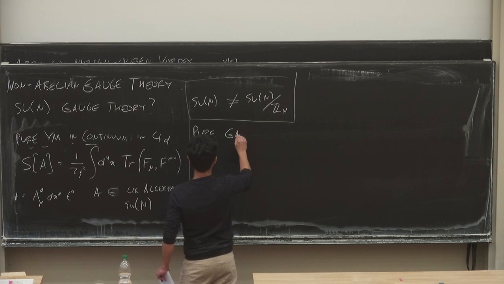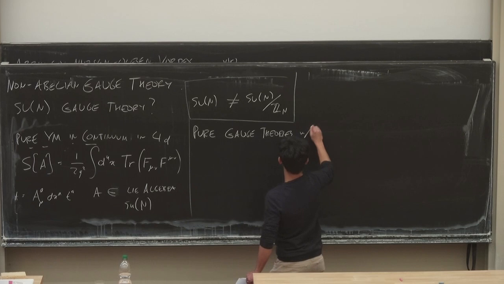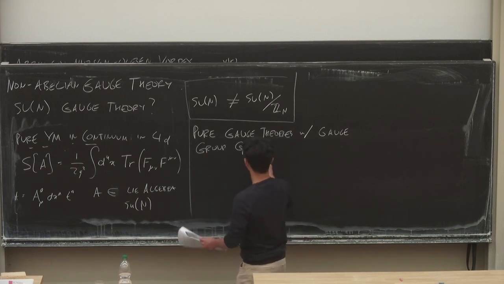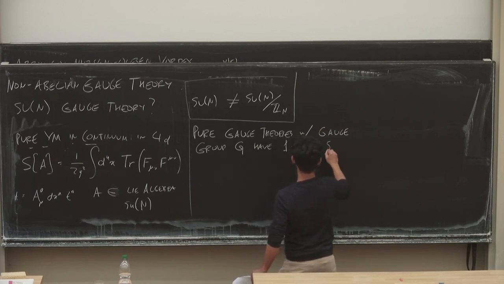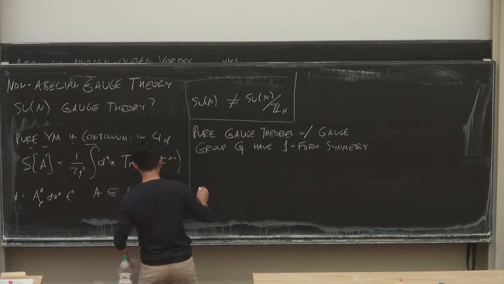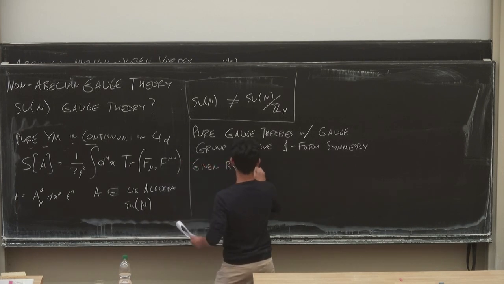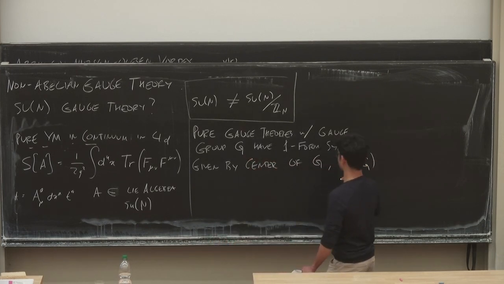It turns out that pure gauge theories with gauge group G have at least a one-form symmetry given by the center of G. Okay? And I'm going to denote the center of G by Z(G).